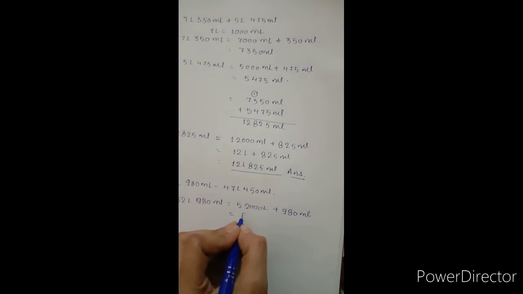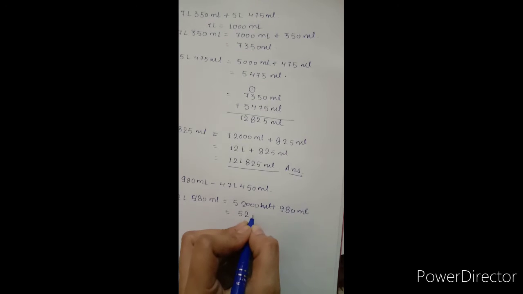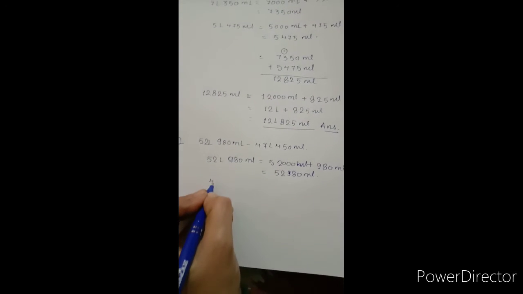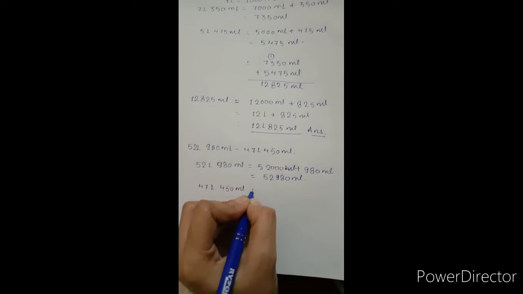Add this, so we got it in milliliter. We got 52,980 milliliter. After this we convert 47 liter and 450 milliliter.